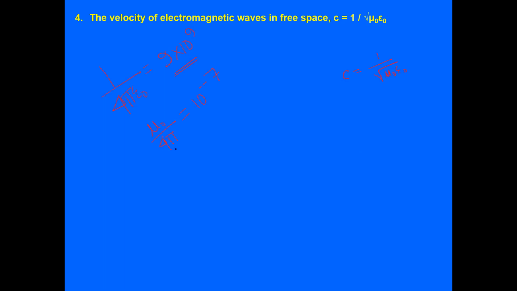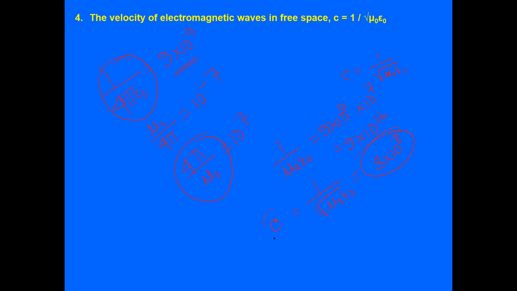So if we alter this, we get 4 pi divided by mu 0 equal to 10 to the power 7. If we multiply this by that equation, we get 1 by mu 0 epsilon 0. So this is 9 into 10 to the power 9 times 10 to the power 7, which is 9 into 10 to the power 16. If we take the square root of that, we get 3 into 10 to the power 8, which is the velocity of light.